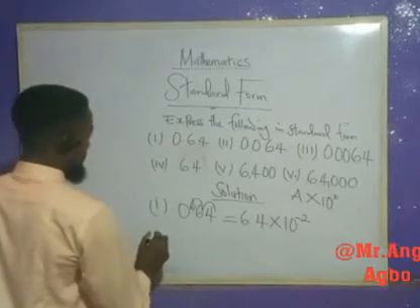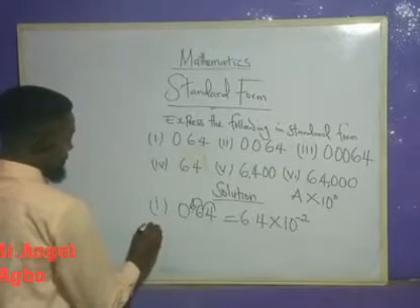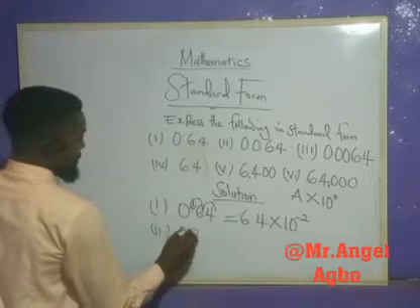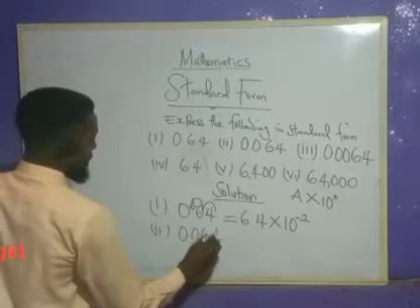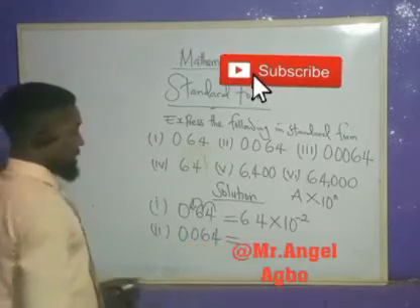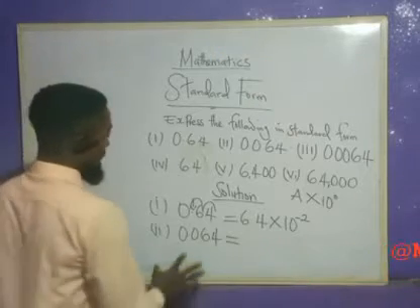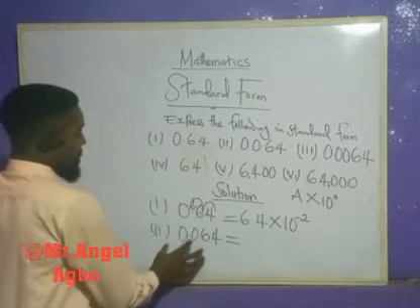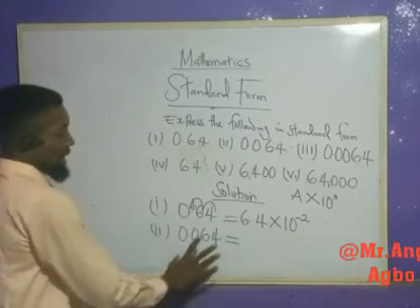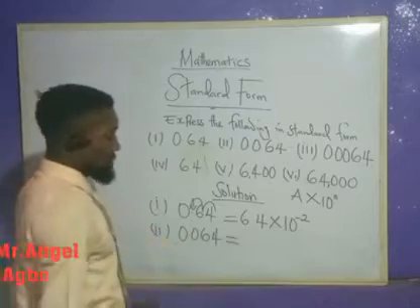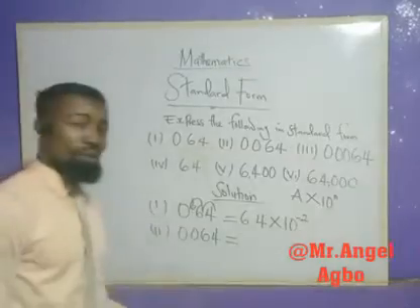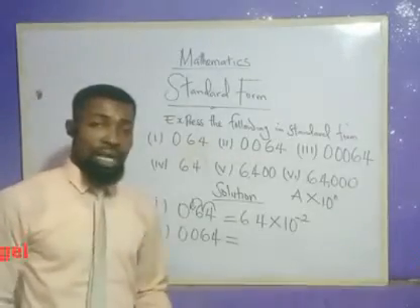Let's go to the second one. We have 0.064. Remember, our A here, we said when the number is lesser than 1, we are going to have a negative integer. 0.064 is less than 1.